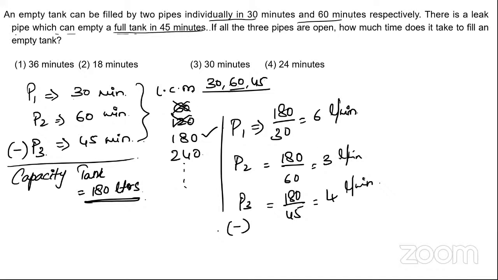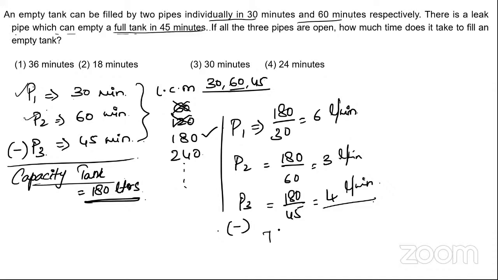Yes. I have taken the LCM of 30, 60, 45 and considered that to be the capacity of the tank. Now pipe 1 is filling 180 liters in 30 minutes, that's 6 liters per minute. Pipe 2 is filling 180 liters in 60 minutes, so 3 liters per minute. Pipe 3 is emptying, so that's why a minus sign: 180 liters in 45 minutes, that is 4 liters per minute.